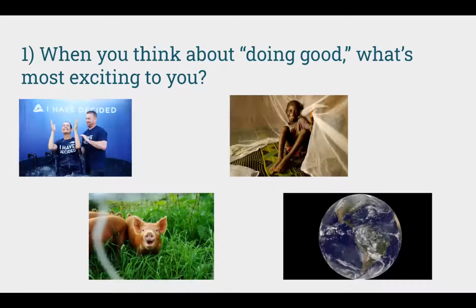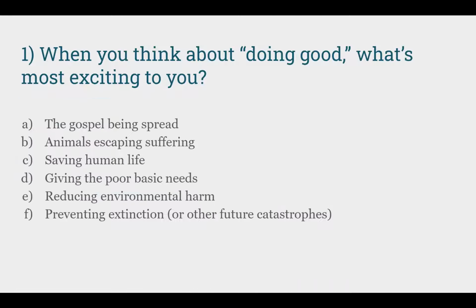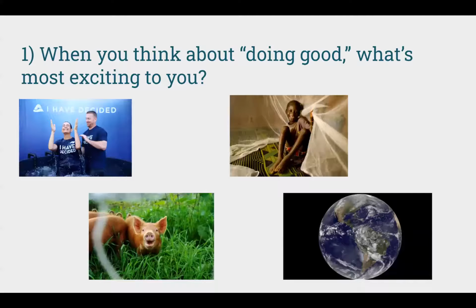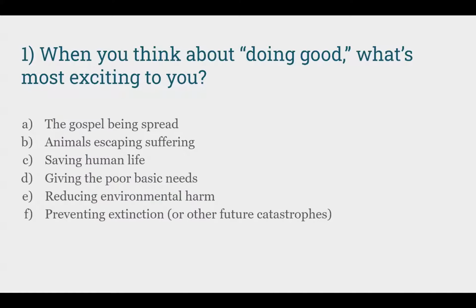So the first question on the quiz is a bit unlike the others. I just want to ask in a more touchy-feely way, when you think about doing good, what is most exciting to you? There should be 6 options here. The first is the gospel being shared.